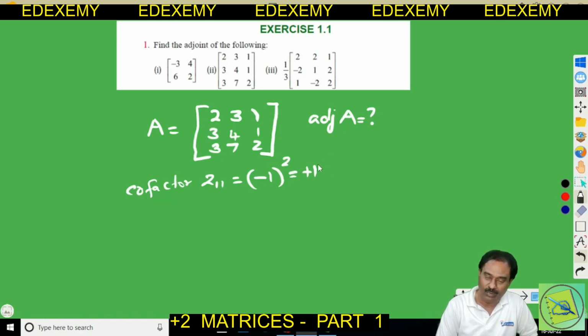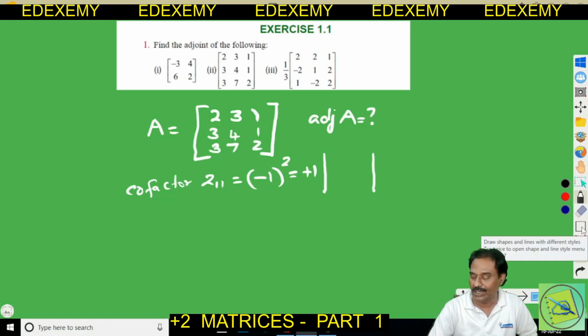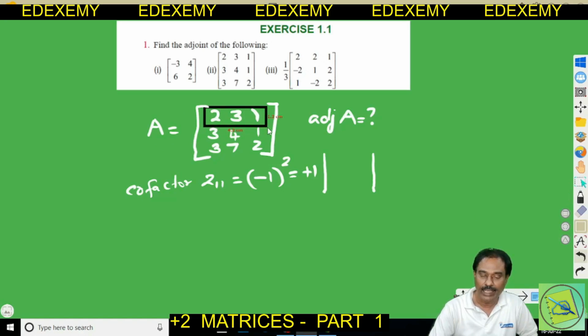Then you have to form the determinant, which is called the minor. How to find the minor? You put a determinant symbol, and since this 2 is in the first row and the first column, you leave that first row and first column.